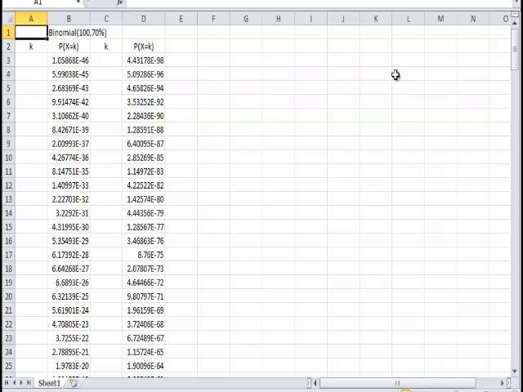Okay, so this is the binomial distribution with 70% probabilities, and it starts here. Notice what I have written. This is actually the 2013 version. The name keeps changing. In the older versions, you have BINOMDIST, and here you have BINOM.DIST.